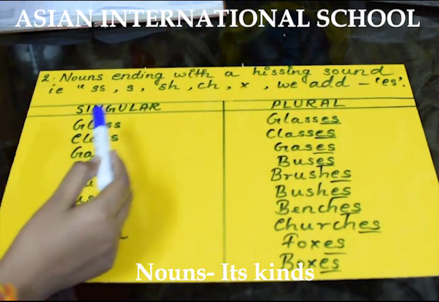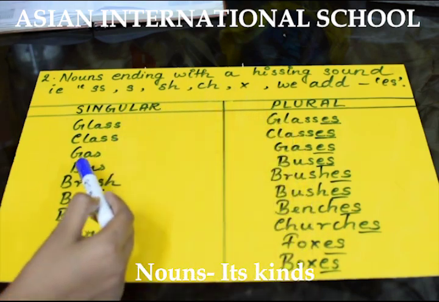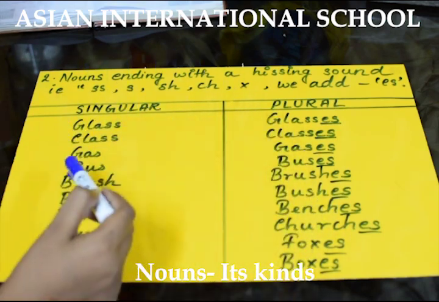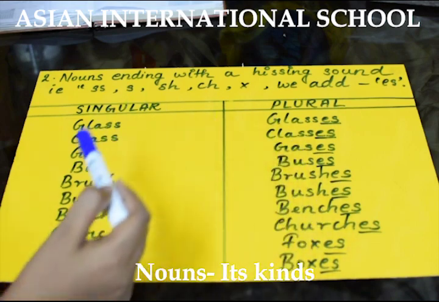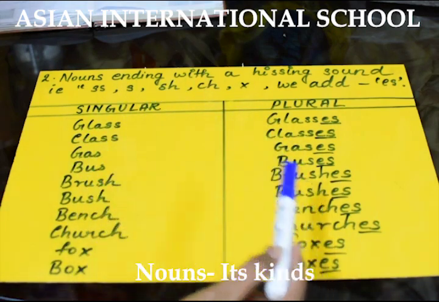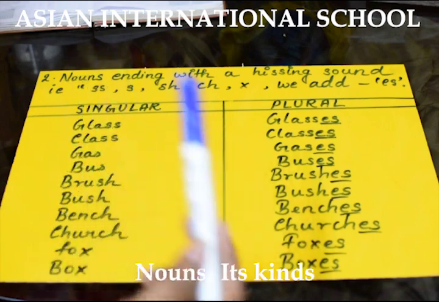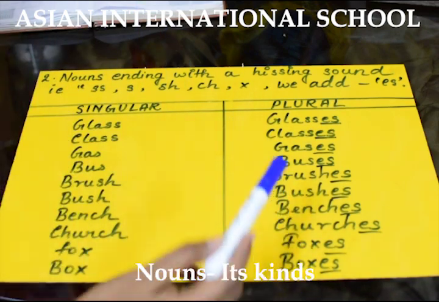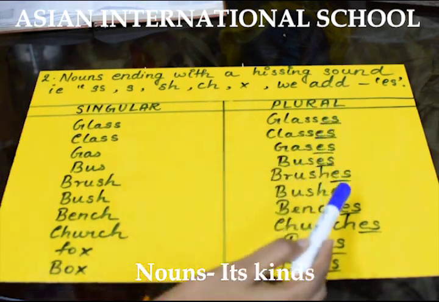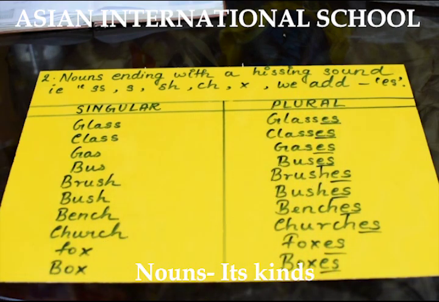Similarly, class, classes, gas, gases, bus, buses, brush, brushes, bush, bushes, bench, benches, church, churches, fox, foxes, box, boxes. Now you will find in all the plural forms we have added an es.